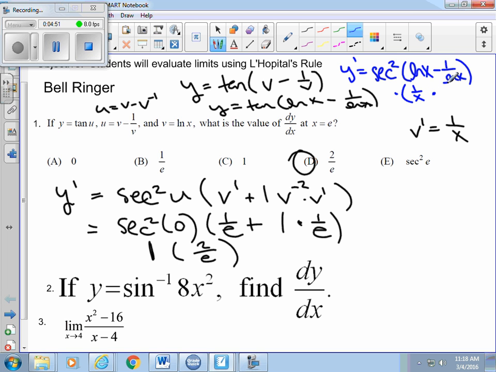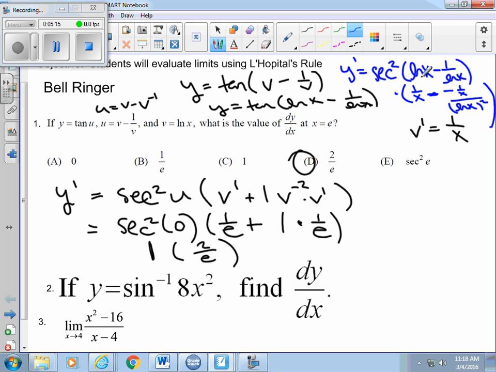And did y'all do a quotient rule on this? Low d high, what's the derivative of 1? 0, minus high d low, which is 1 over x, divided by natural log of x squared. Correct? And then plug in e.